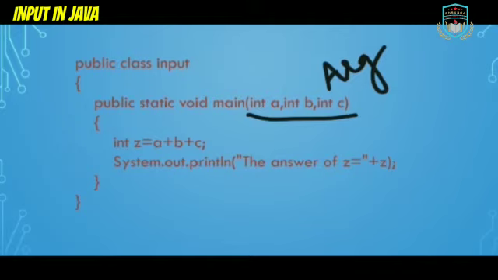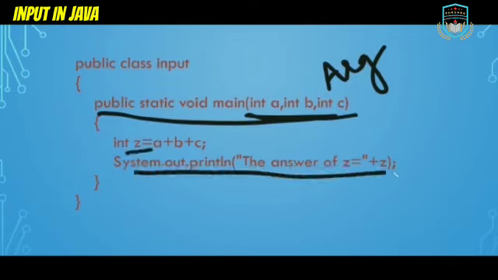See the next line, z = a + b + c. Then it calculates the values in a, b, c, and that value will be stored in z. With the help of System.out.println, the answer will be displayed in the terminal window.